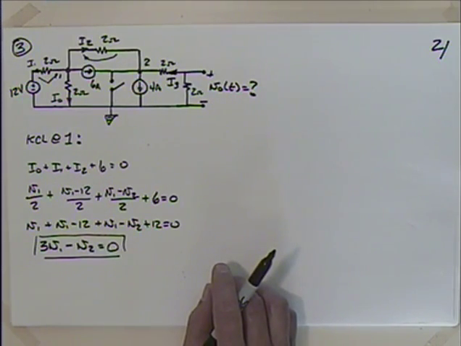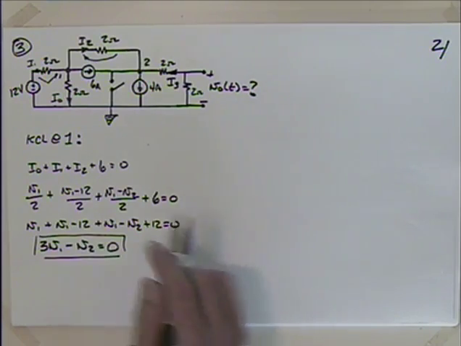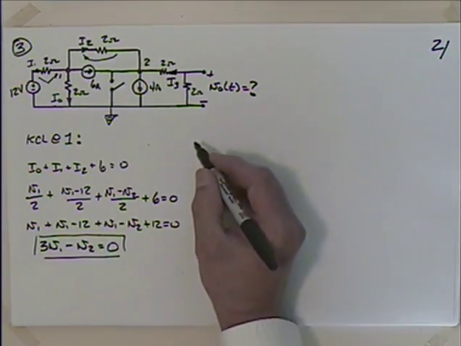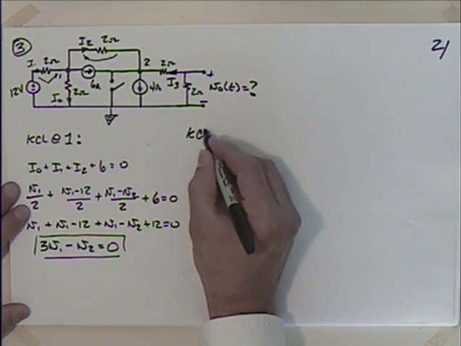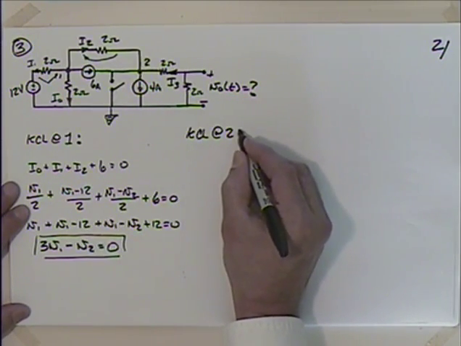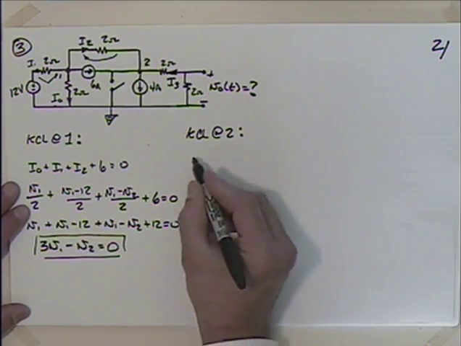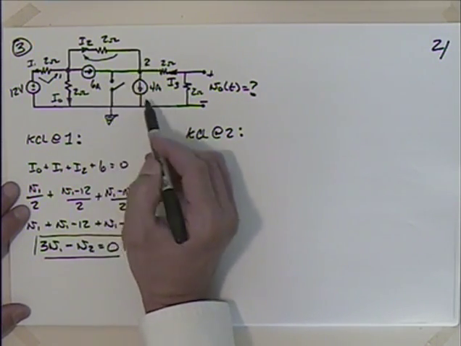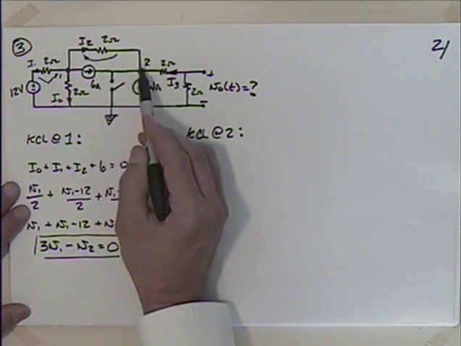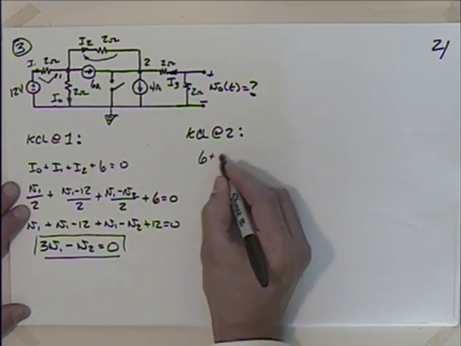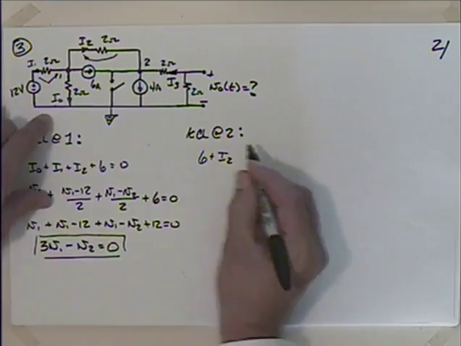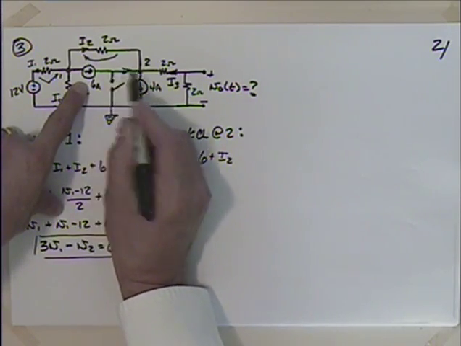Now I'm going to have to do Kirchhoff's law at 2, right? So Kirchhoff's current law at 2. What am I going to get with that? I got 6 going in, and I got 4 leaving, and I got I2 going in, and I got I3 going in. So I'll say 6 plus I2, because that 6 is going to come up there.